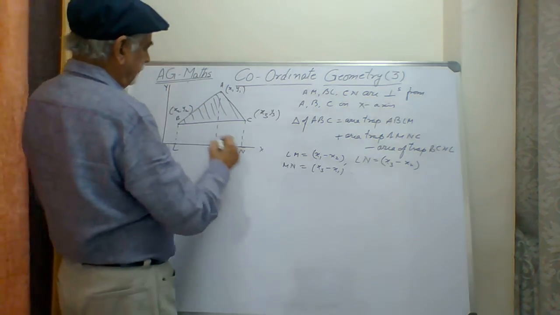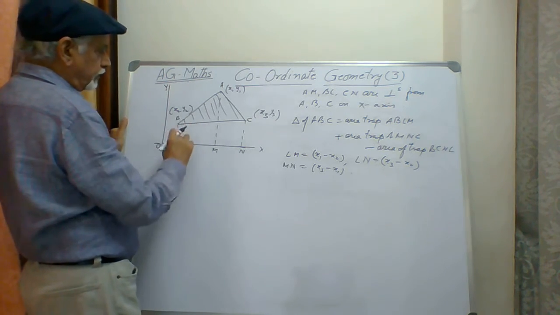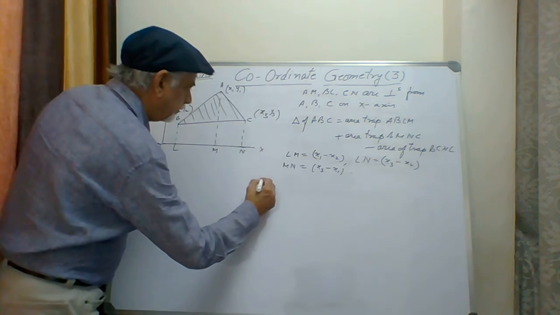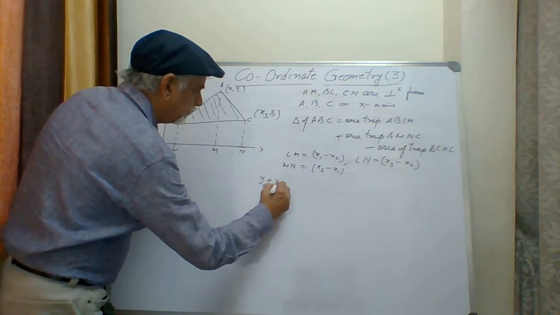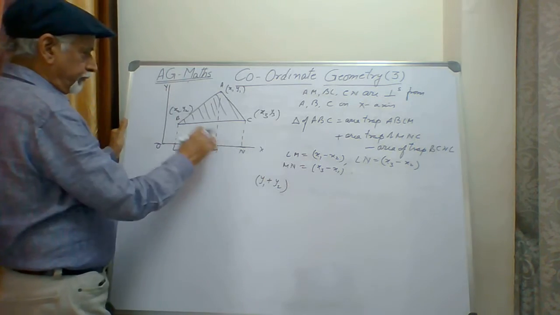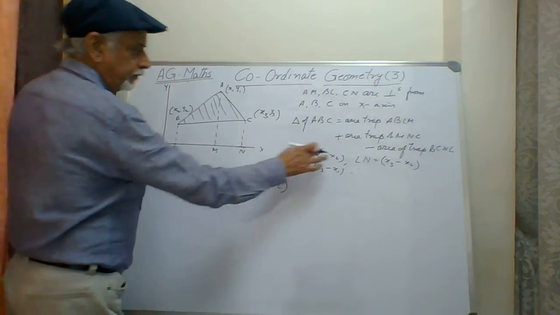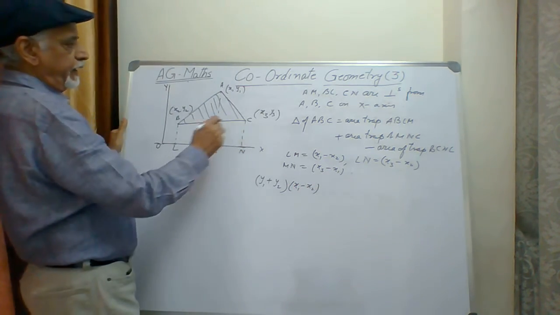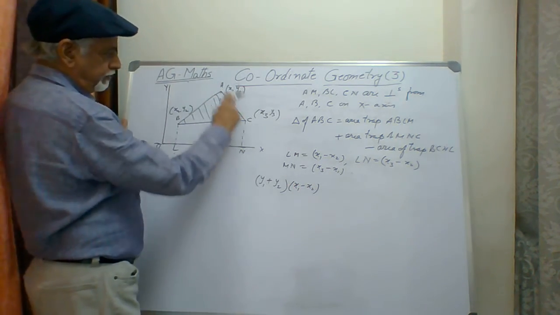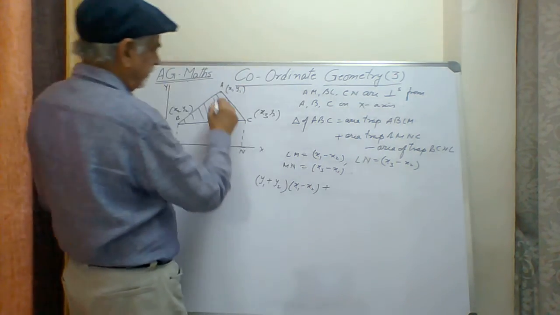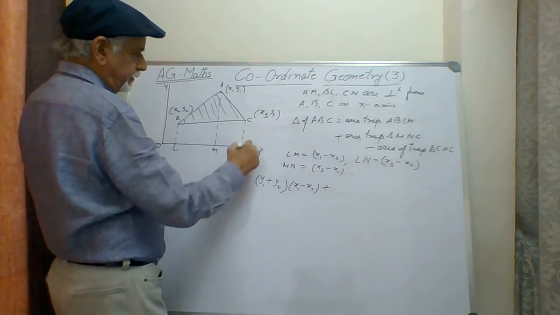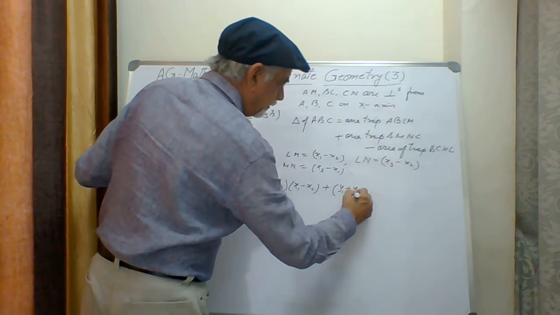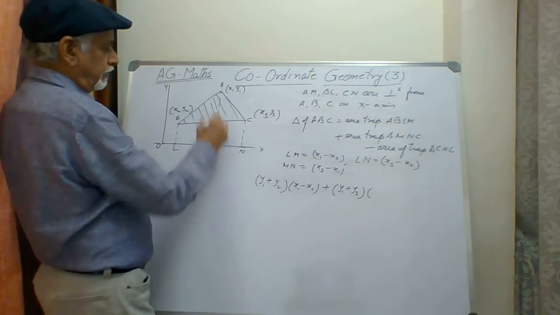So what do we get? Area of this trapezium is this plus this multiplied with this. So y1 plus y2 multiplied by LM. LM is x1 minus x2. Then I add area of this trapezium. AM plus CN, AM is y1 and y3. y1 plus y3 multiplied with MN.